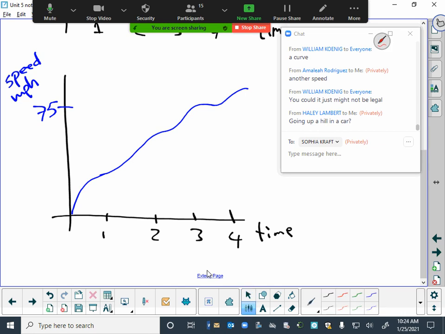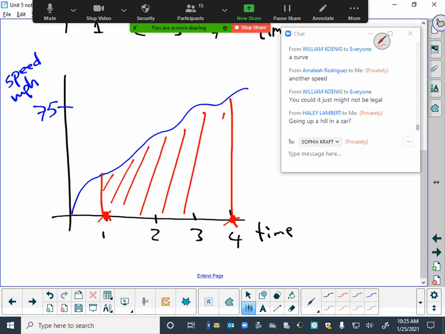And if I'm interested in how far I traveled between hour 1 and hour 4, following the pattern from before, what I would need to know is what is the area of that?